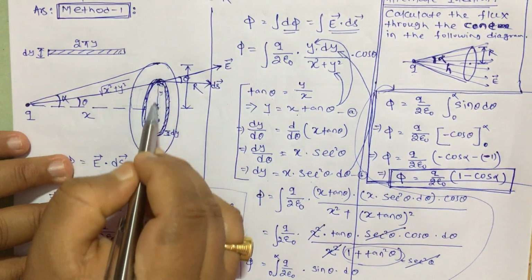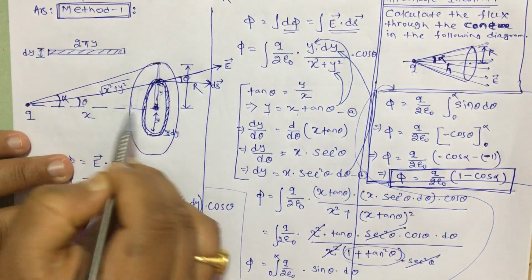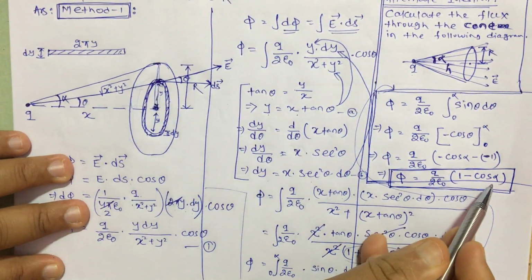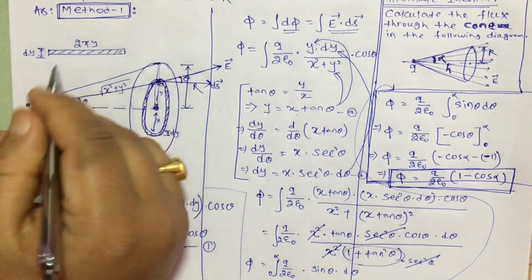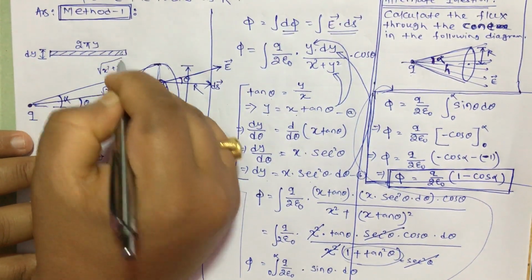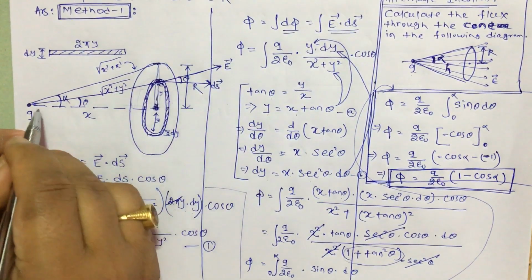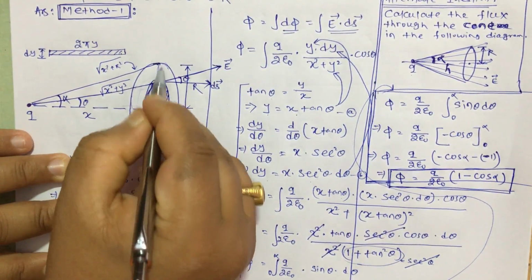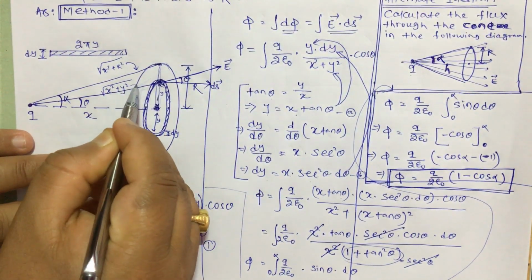What is cos alpha? From this triangle you can find, from here to here it is r and this is x. So in place of cos alpha you can write this x divided by this total distance. This will be root over of x square plus r square. Remember, this distance is root over of x square plus y square.